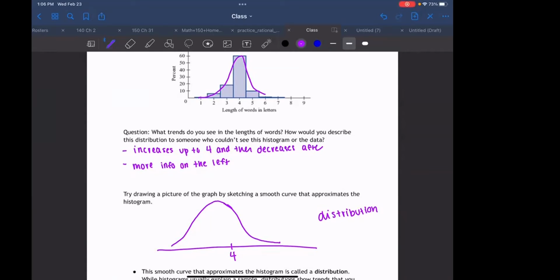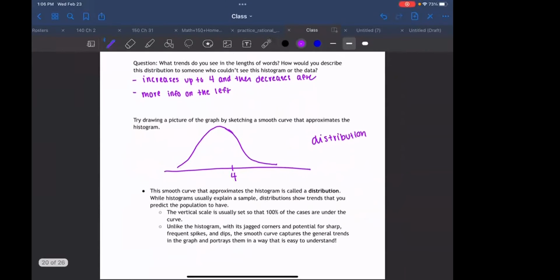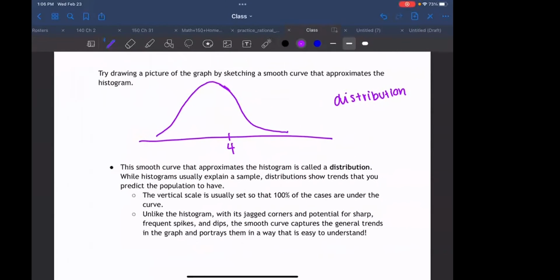Okay, so are we good with what a distribution is? It's kind of just a picture of the graph without a lot of detail. Okay, so histograms usually describe a sample since we have a few things to graph. Usually our sample size is pretty small.